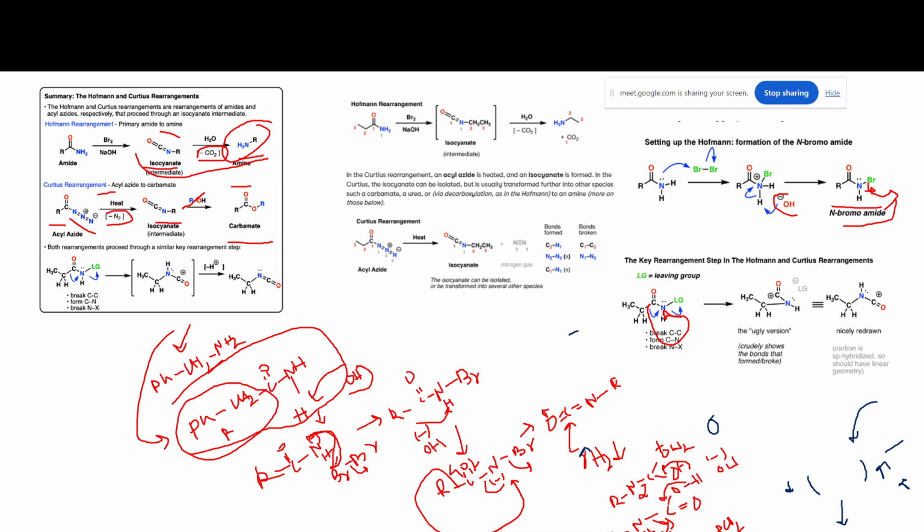Now in the N-bromo amide, you already have that base. So in basic medium, this proton will be taken out and you are forming N minus Br. So now this R will rearrange here and it will become RNCO.